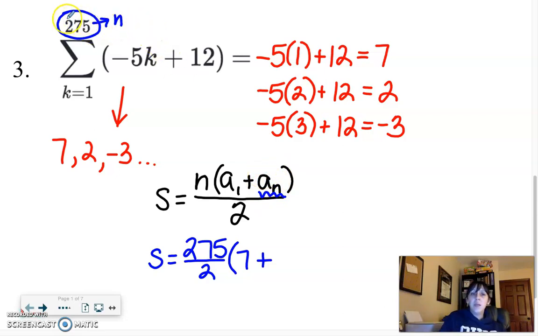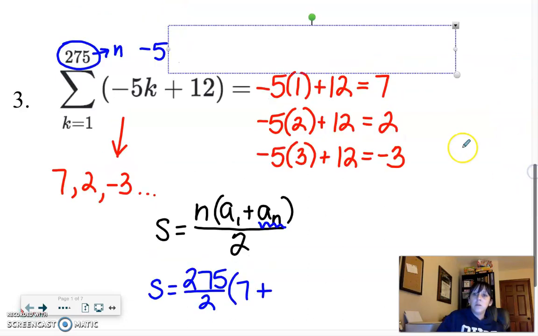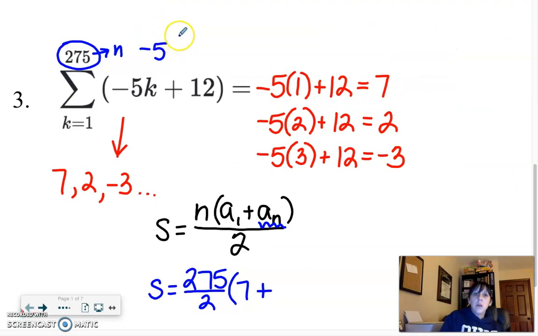And so that would be the 275th term, but what's the term value? So I would need to plug 275 into the equation to find the value of the 275th term.